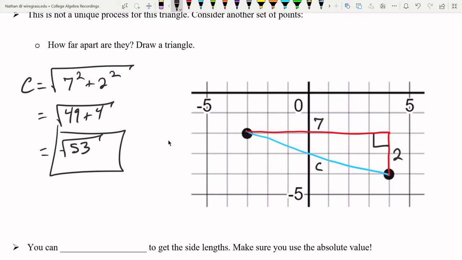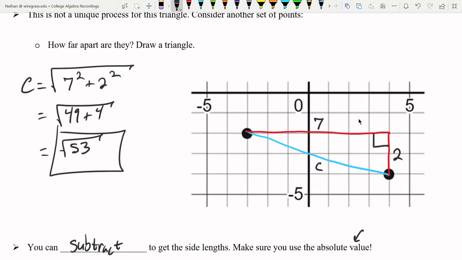Now, to get the side lengths, instead of doing this counting thing that we're doing, we can subtract to get these side lengths. Subtraction is always the idea of distance, but you have to make sure you use the absolute value because any kind of a distance is always a positive or 0 number. It's never negative. And subtraction can give you a negative.